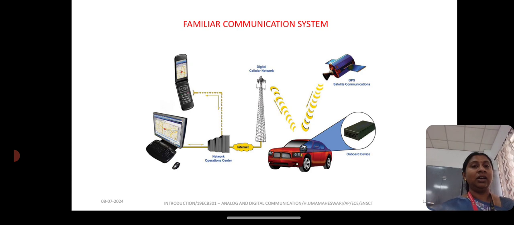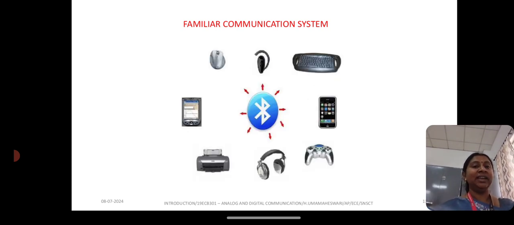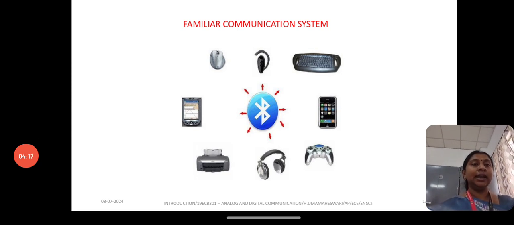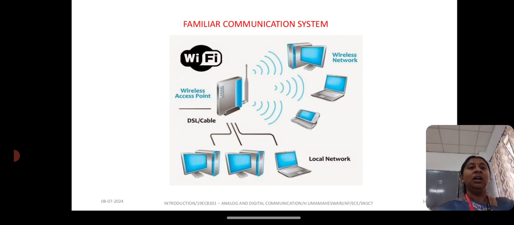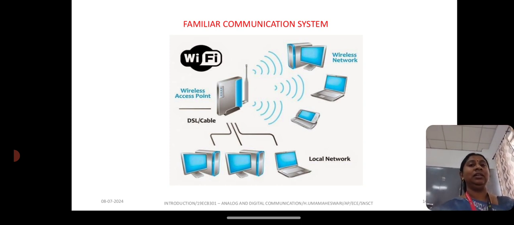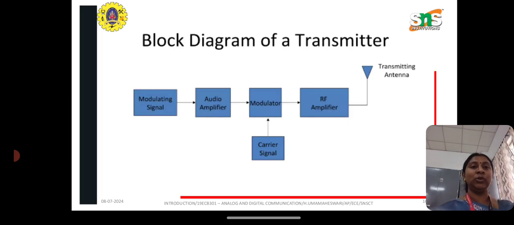This is the communication system used in the car, that is GPS, how to track the GPS data that is displayed here. Then by using Bluetooth, how data is exchanged is shown in this familiar communication system. Then Wi-Fi is used to get data from other mobile phones by connecting through a Wi-Fi hotspot. That is being explained. It is also one type of communication.